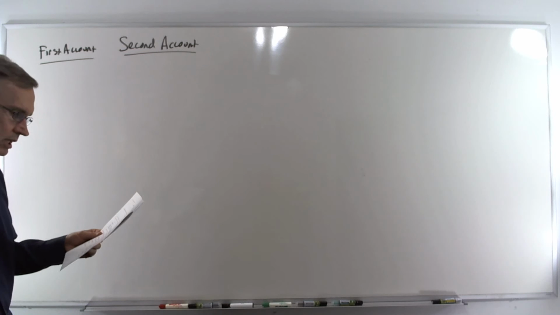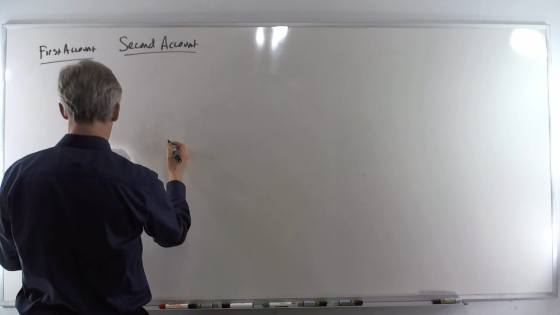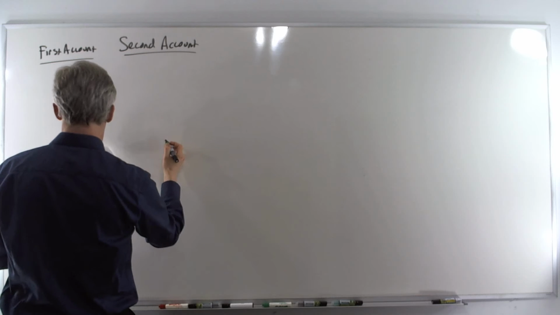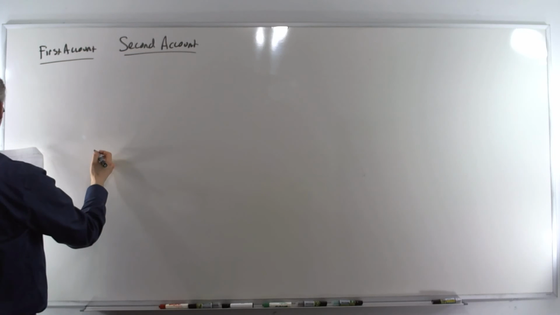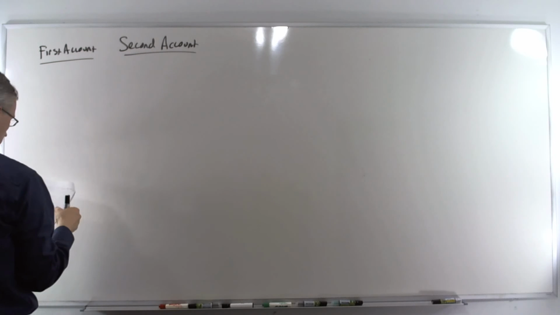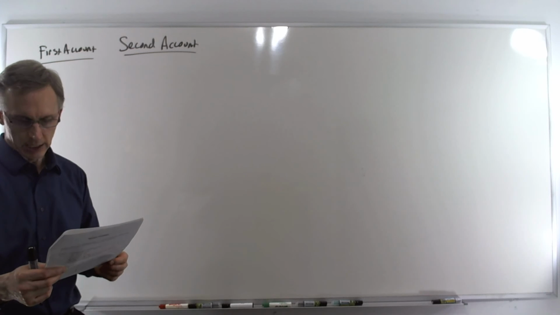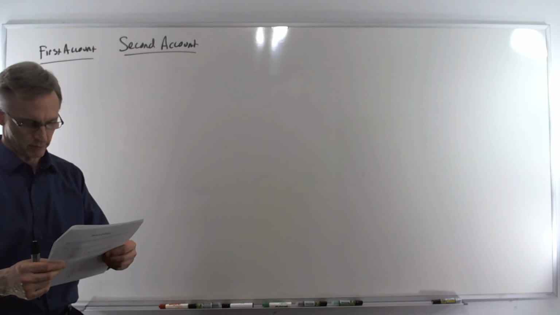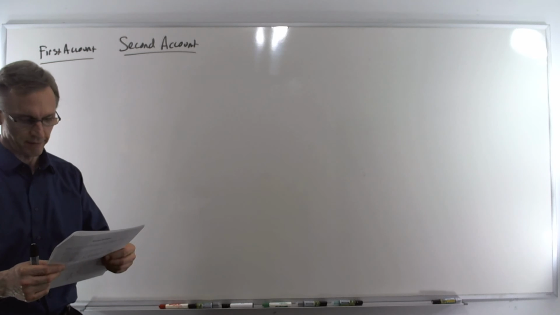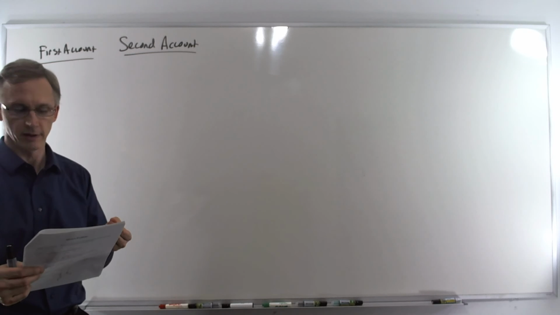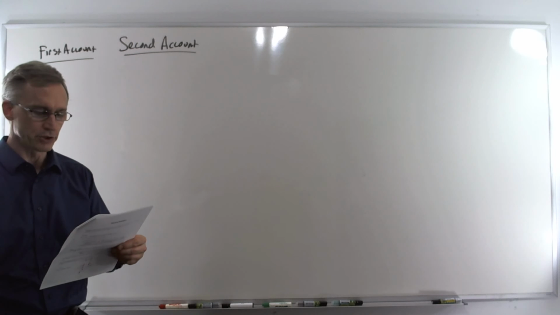So we've got two accounts. Now the second amount is given in terms of the first amount. $5,000 less than the first investment. So we don't really need two variables.